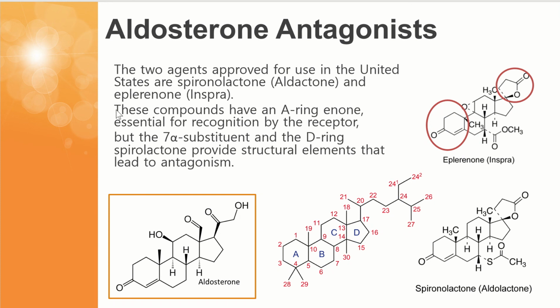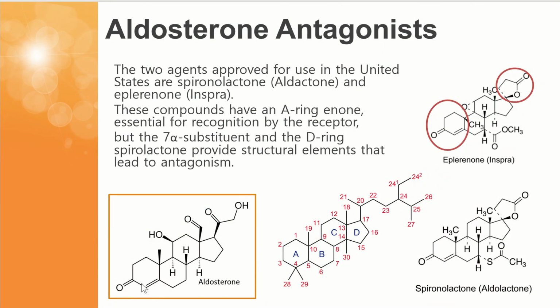So these compounds have an A-ring enone, like aldosterone. I have a generic structure of a steroid here, and the numbering is there and the different rings, A ring, B ring, C ring, and D ring. So on the A ring, we have an enone.